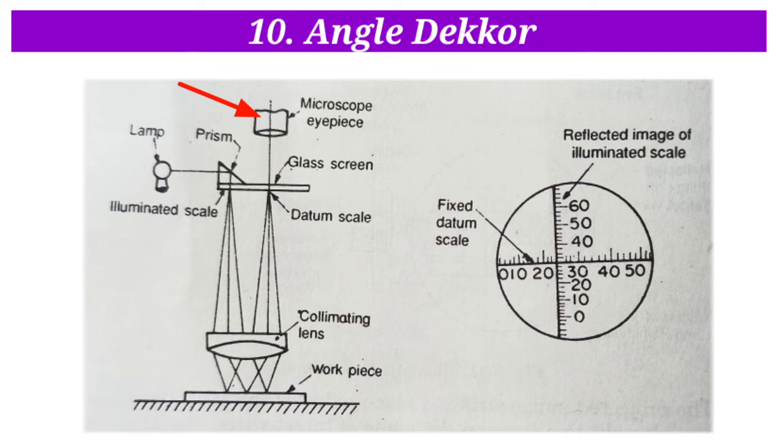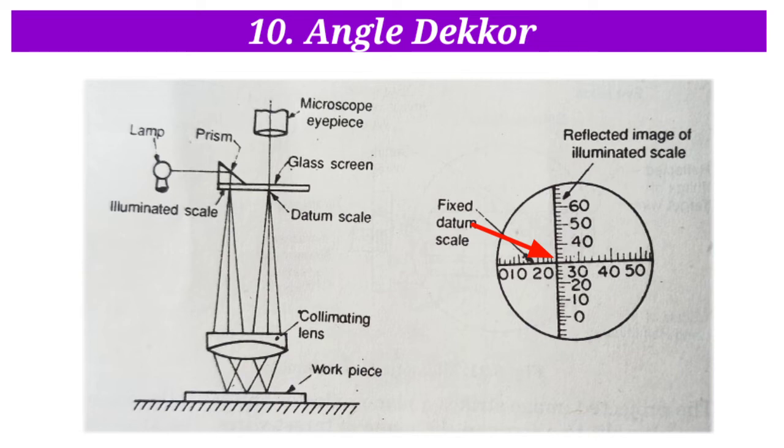and the reflected image of the illuminated scale is received at right angles to this fixed scale, and the two scales in position intersect each other. Thus, the reading on the illuminated scale measures the angular deviation from one axis at 90 degrees to the optical axis, and the reading on the fixed datum scale measures the deviation about an axis mutually perpendicular to the other two.